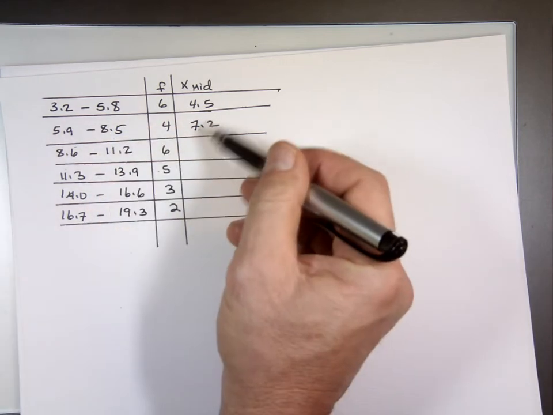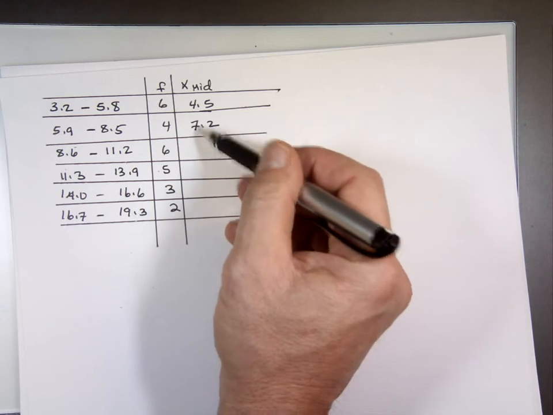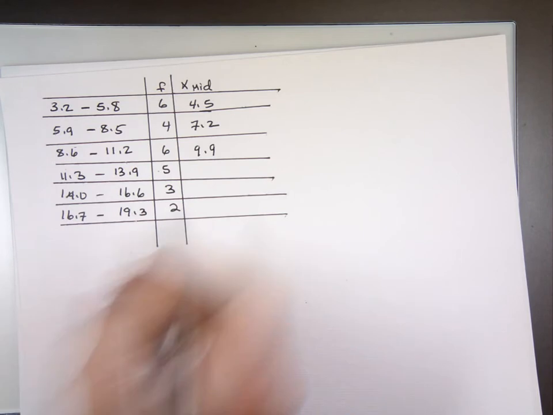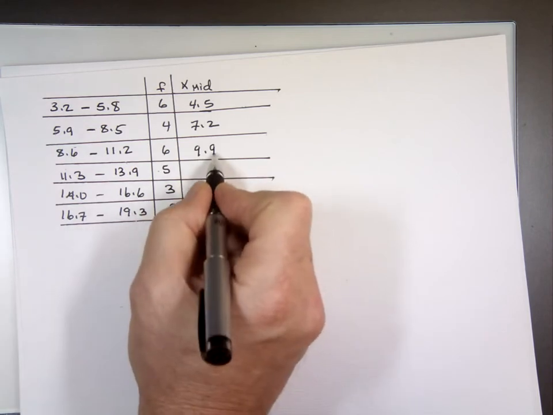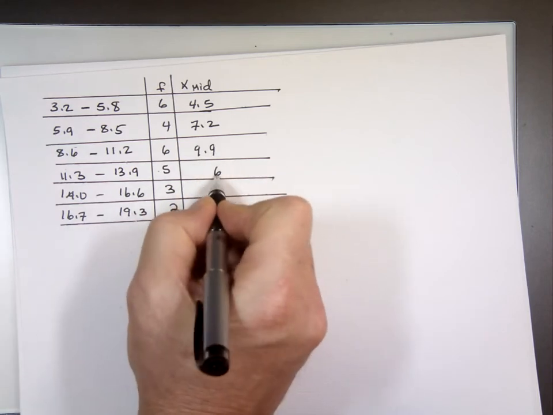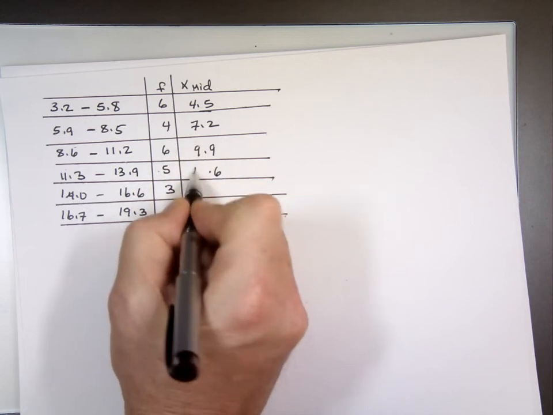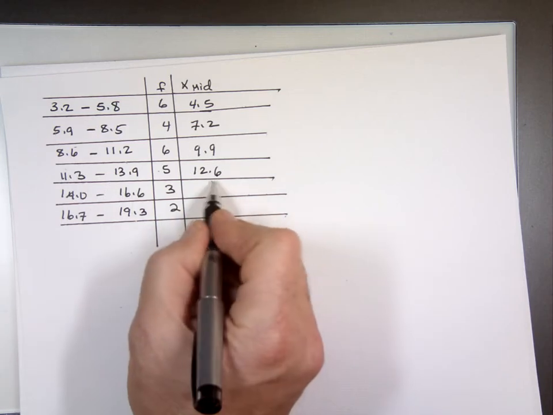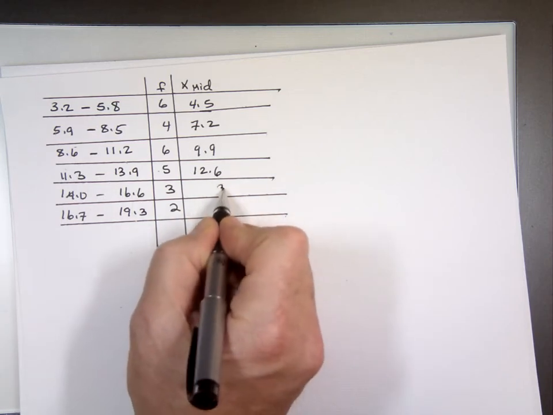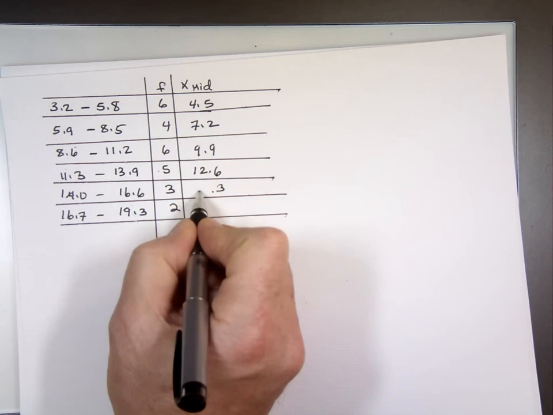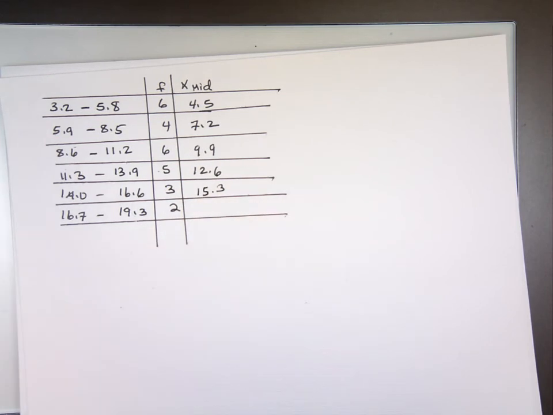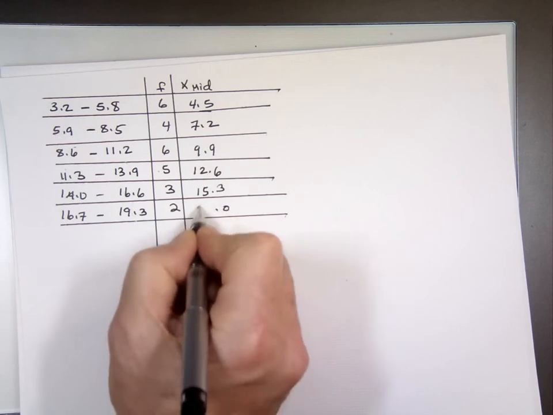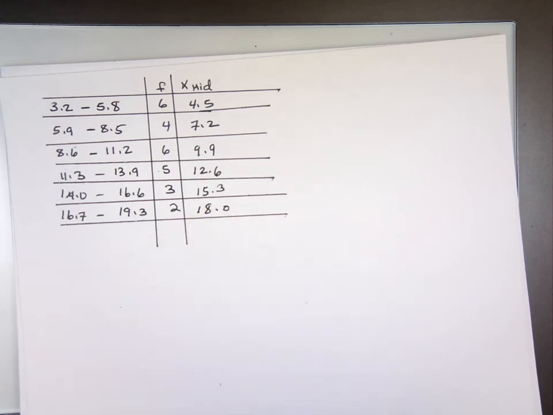So if you add 2.7 to each one: 9.9, then 12.6, then 15.3, then 18. So we get the midpoints.